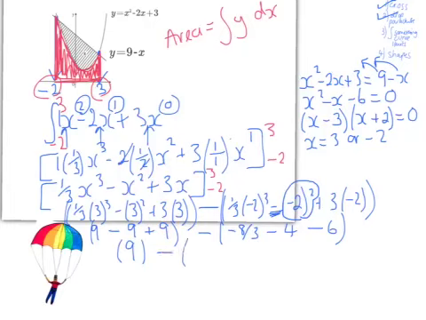If I do minus 8 over 3 minus 4 minus 6 on my calculator, I get minus 38 over 3. And 9 minus minus gives me a plus, and I should end up with 65 over 3. So the area of this red section here is 65 over 3.